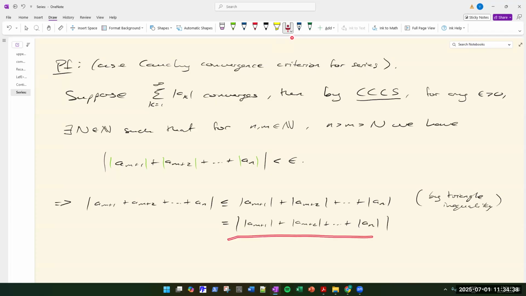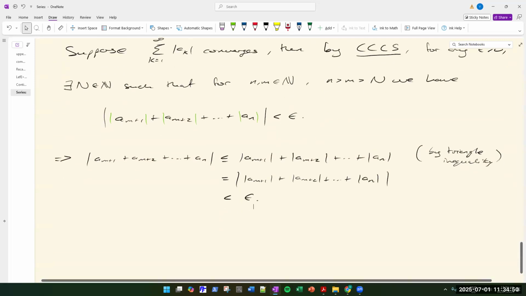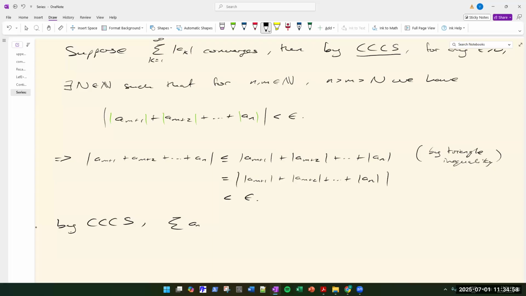And this thing over here is just this guy, right? So that is just less than epsilon, right? And so then we say by Cauchy's convergence criterion for series, the original series converges. Okay, which is what I wanted to prove.